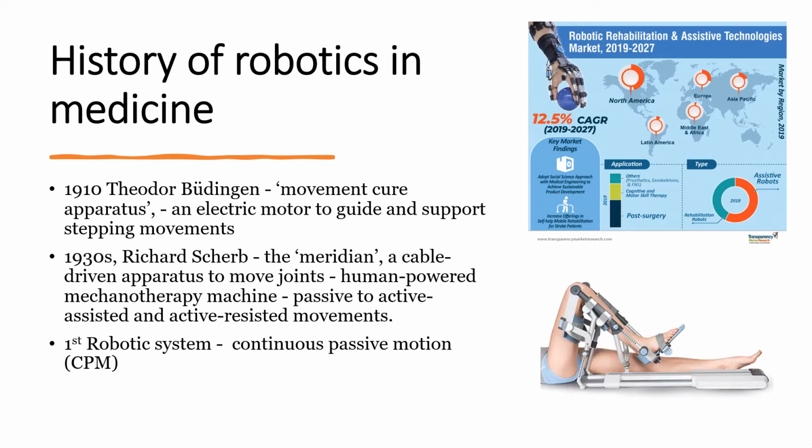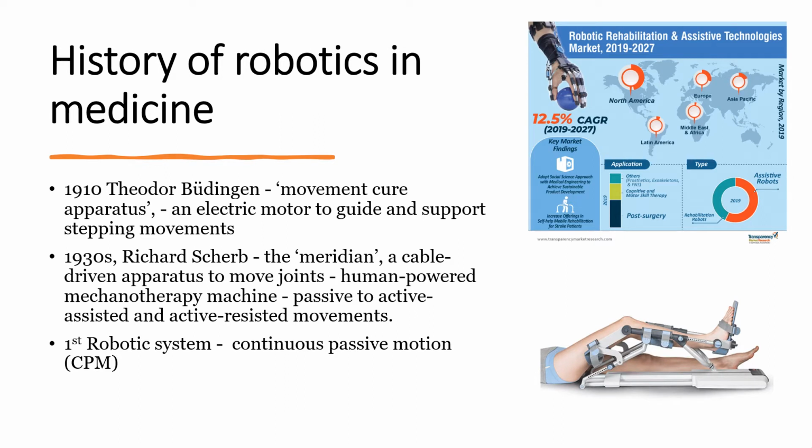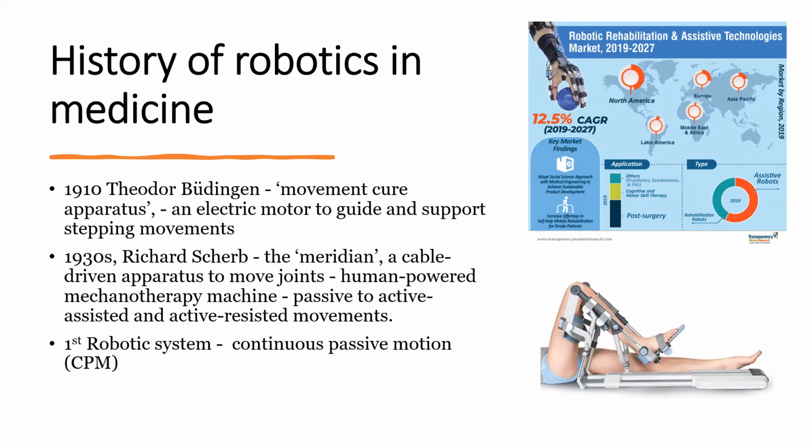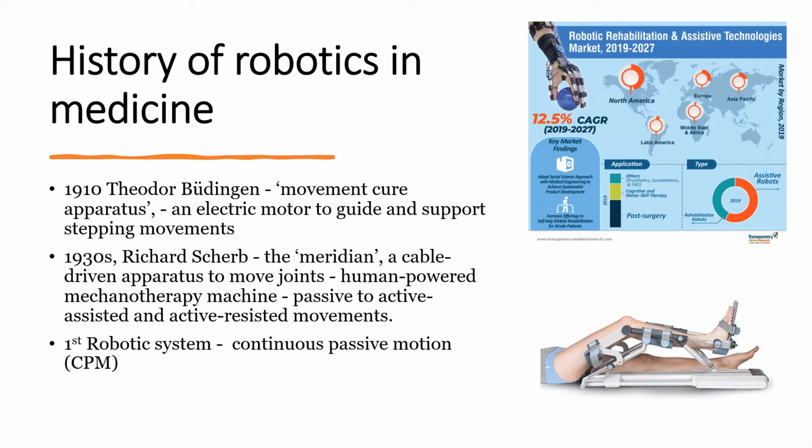And Richard Scherb used the meridian, which is a cable-driven apparatus to move joints, usually powered by the patient himself, a human-powered device for assistive movement. And you may not realize that CPM, continuous passive motion, was the first robotic system to be used in orthopedics, especially to encourage movements in a joint with the use of a device.